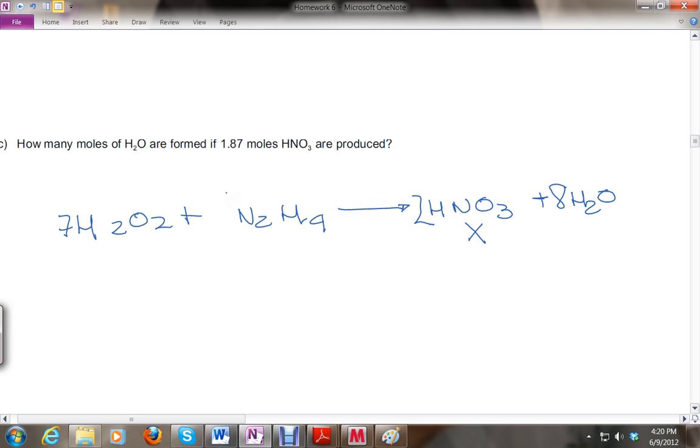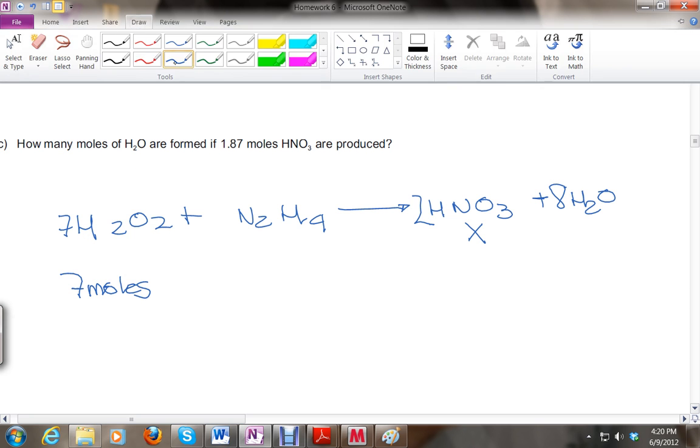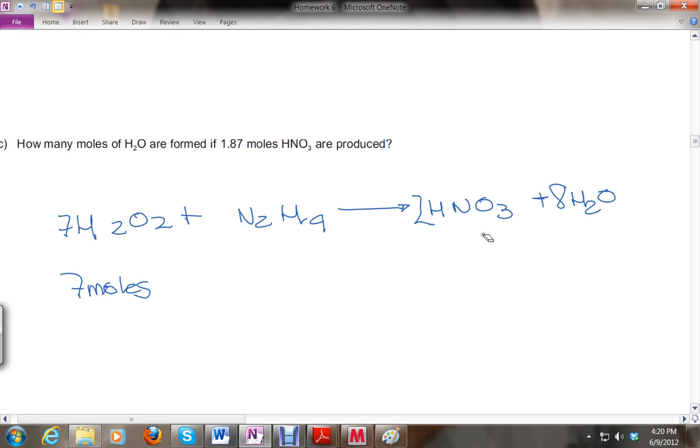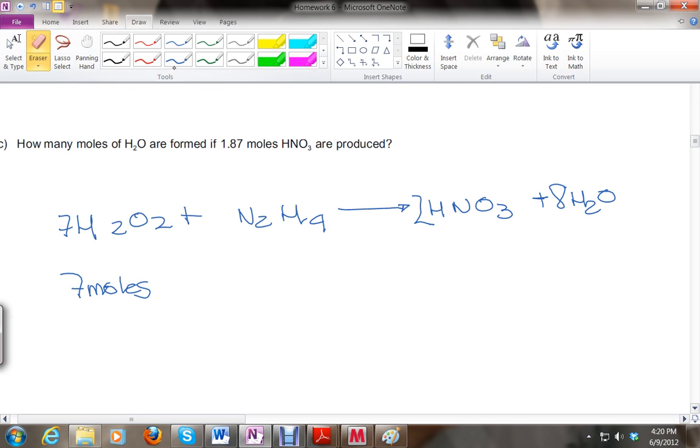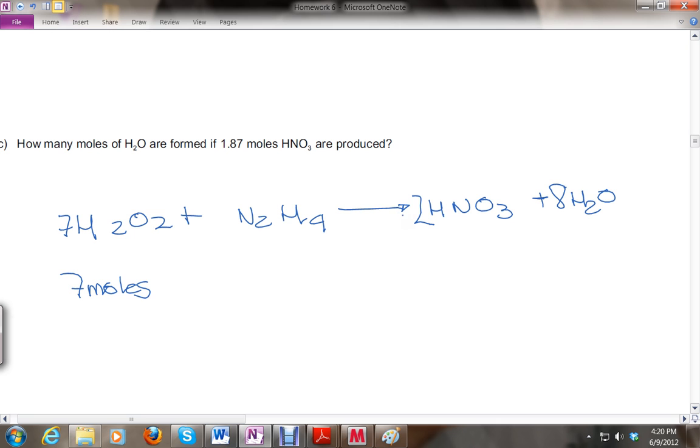So just having one is enough. Now, another story is when they're giving you two and both are reactants, because then you have to calculate the limiting reagent. So, again, I put my equation on top. They're giving me 1.87 moles of nitric acid, and they are asking how many moles of water I would produce.